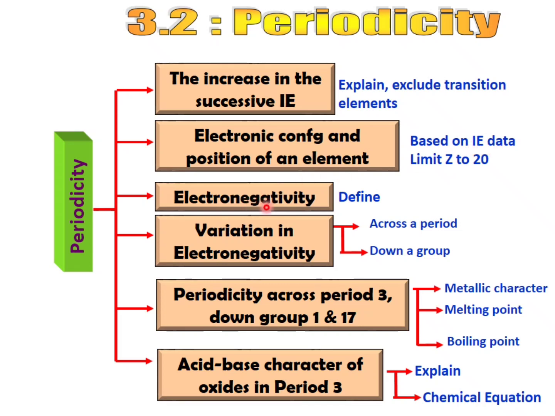Then we look at electronegativity and its variation across a period and down a group, and the periodicity across period 3 and down a group for group 1 and group 17, the metallic character, the melting point and the boiling point. And then we are going to look at the acid-base character of the oxides in period 3. So this is the last part of chapter 3.2.